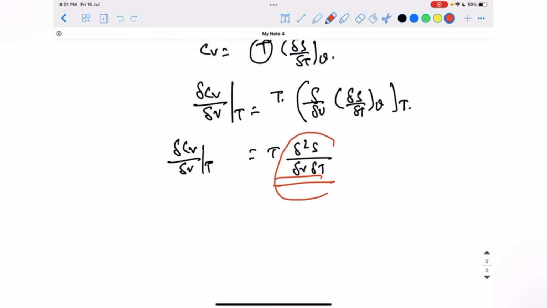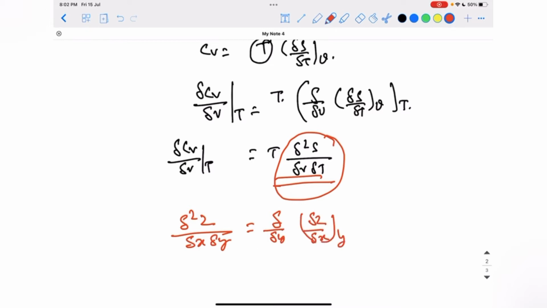To understand what I have done, just consider ∂²z/∂x∂y. This is a second order partial derivative. I can differentiate it first with respect to x keeping y constant, then with respect to y keeping x constant, or I can do the reverse.